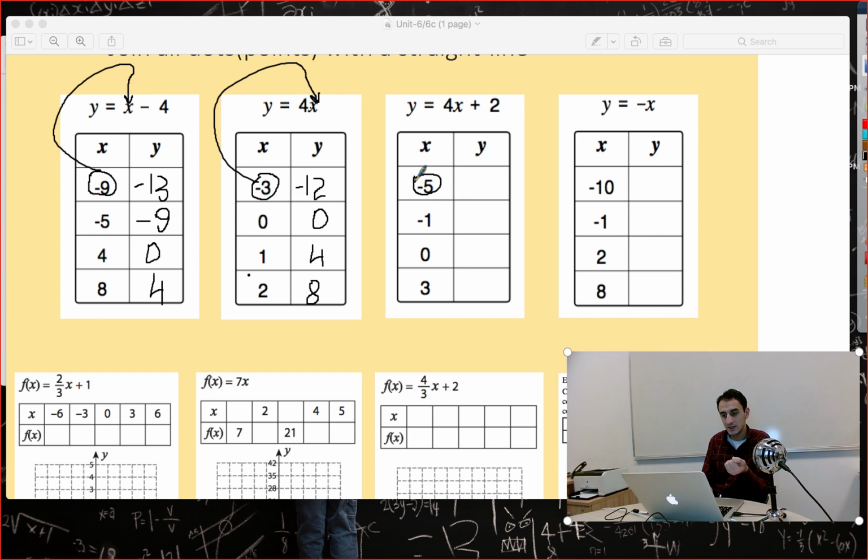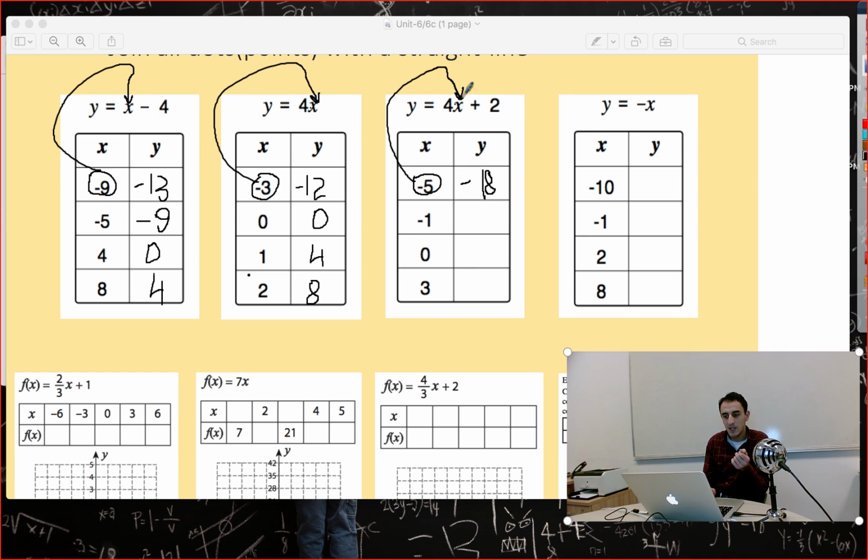I am drawing this direction for only the first input, but as you know, I am doing the same thing for each input. So, we are going to take the negative 5 and write it instead of x. And here we have a multiplication sign. So negative 5 multiplied by 4 will be negative 20. And negative 20 plus 2 will be negative 18. Okay?